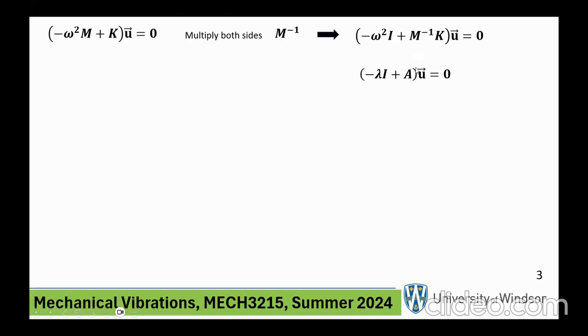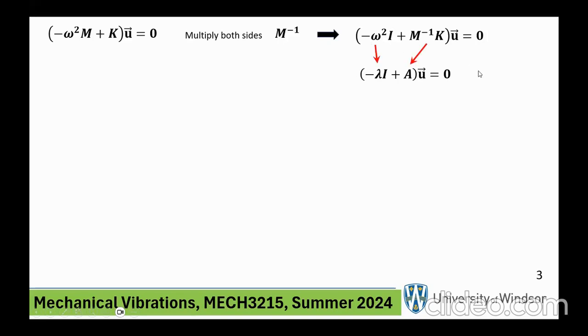We have a matrix. There is the matrix. We call it A, M inverse K. This matrix I'll call A, and this omega squared I'll call lambda. And let me remind you that this is actually a conventional or classical eigenvalue problem. Your job is to find lambda and u bar or u arrow, or equivalently to find omega and u arrow.